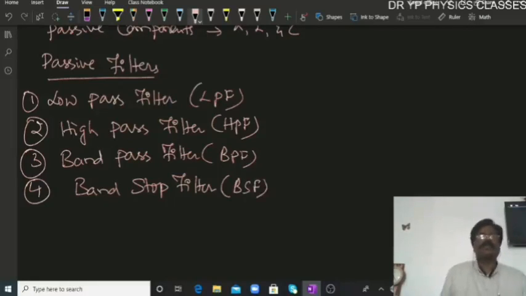So these are the 4 different types of passive filters we come across.